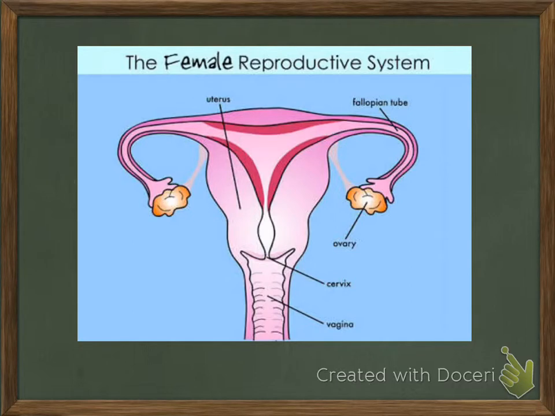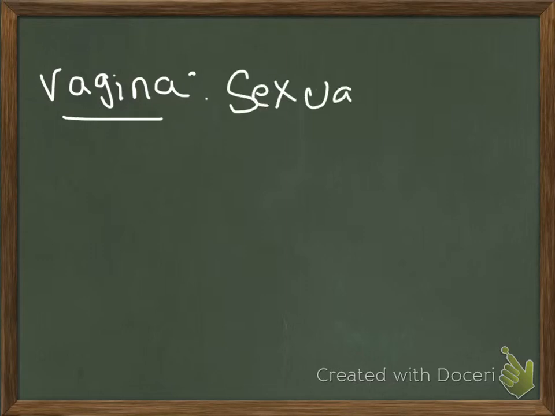Now let's go to the function of the female reproductive system. Now the vagina. The vagina is a sexual organ in the female.